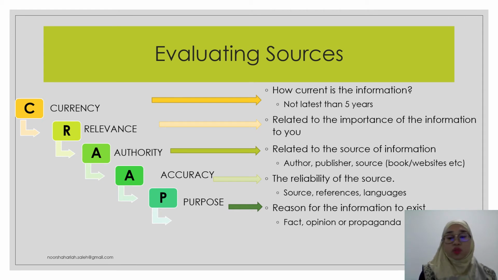And then accuracy, the reliability of the source. Are there any other sources when it comes to the content? Has the author used any sources to refer to in elaborating the content, or to support the ideas or the opinion in the text? Are references cited properly?